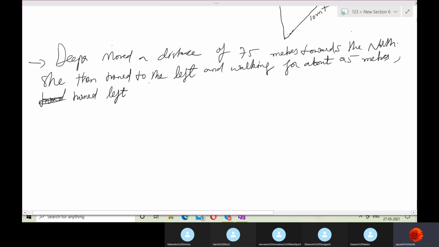So Deepa moved a distance of 75 meters towards the north. Then she turned to the left and, walking for about 25 meters, turned left.